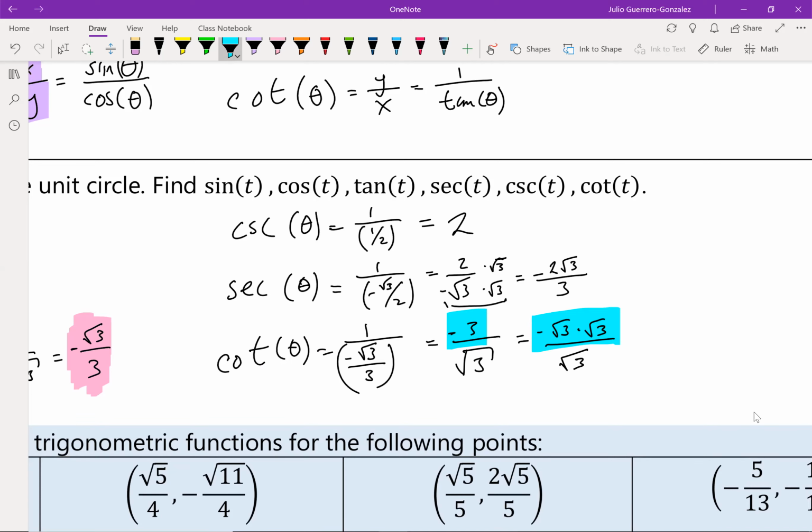So I broke up 3 into its square roots. The math in this direction still works out, hence the reason why I can do this. Now, once I have it in this version down here, I can cancel out root 3's, and I get left with negative square root of 3.